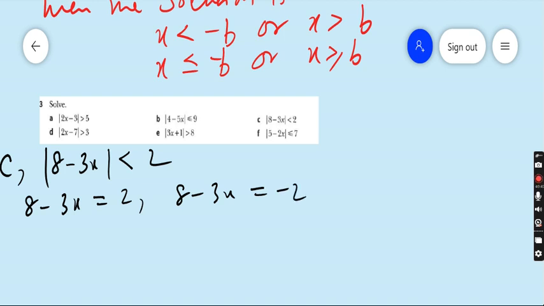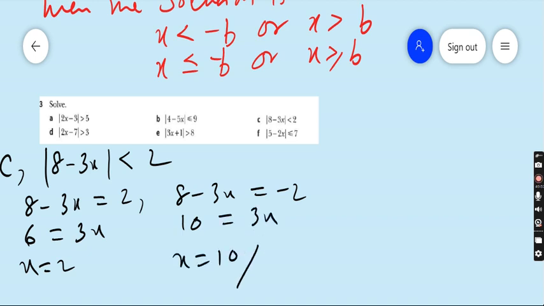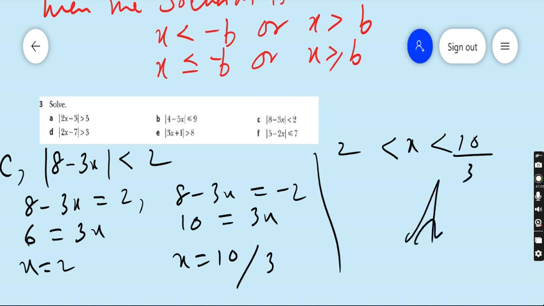So 8 minus 2 is 6, 6 is equal to 3x, x is equal to 2. 8 plus 2 is 10, 10 is equal to 3x, x is equal to 10 upon 3. Because the less than sign is present, our answer should be x is greater than 2 and less than 10 upon 3. This is our answer. So hope you understand this question. Move to next part.